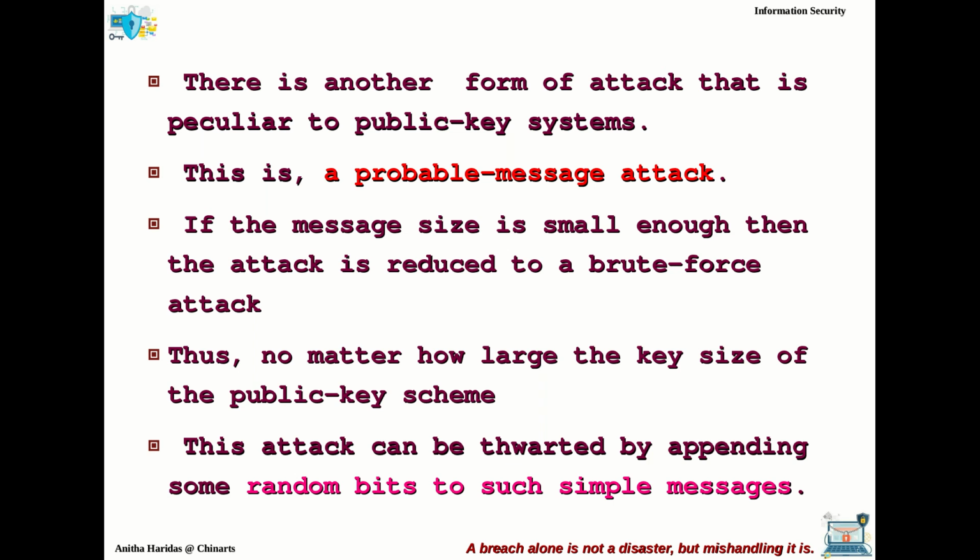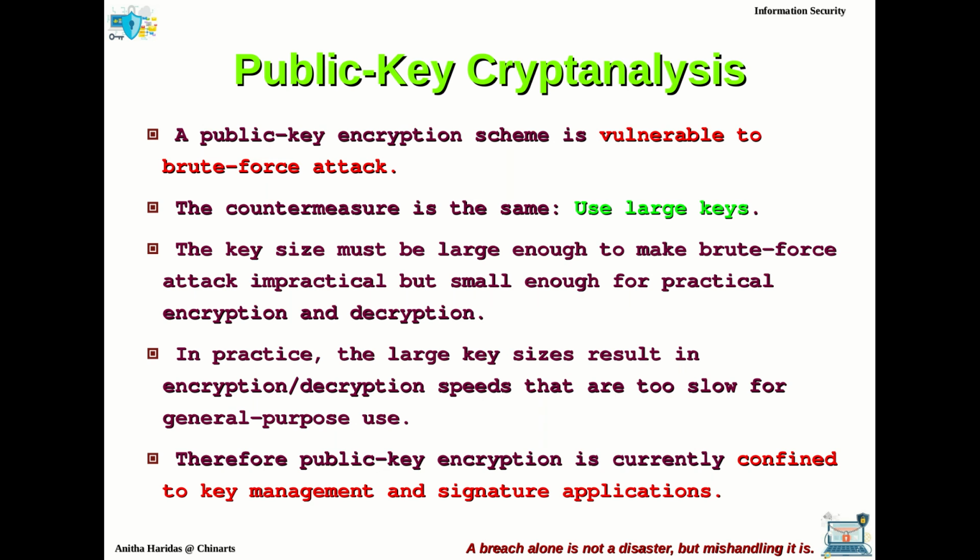How do you increase the size of the message? You just have some random bits padded to the original message. So that will save the message from the brute force attack, right? So this is very brief information about what kind of cryptanalysis happens on the public key crypto system, right?